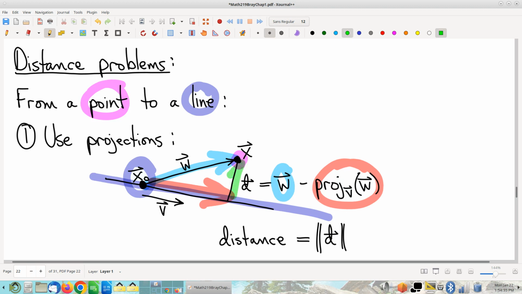That's the vector D whose magnitude is the distance that we're interested in. So that's the big trick in this case. Given a point and a parametric line, pick any displacement vector, subtract the projection, you've got what you want. Everybody see the strategy there? Okay.